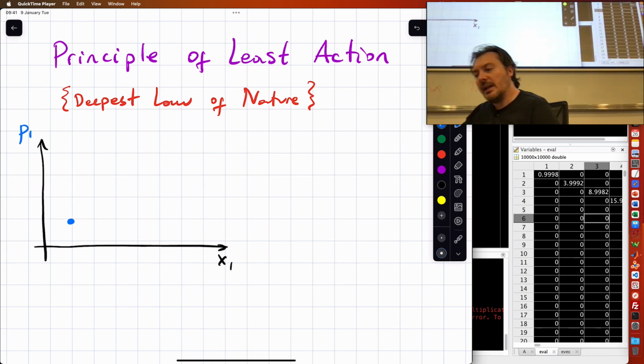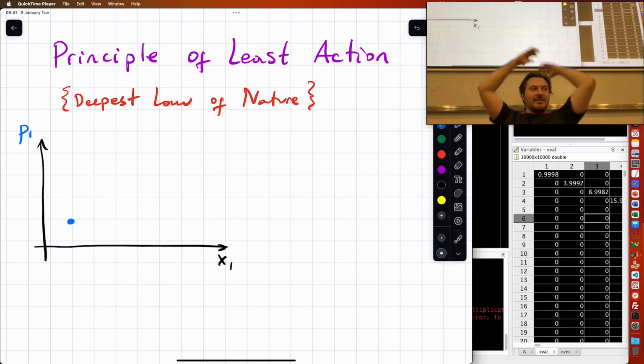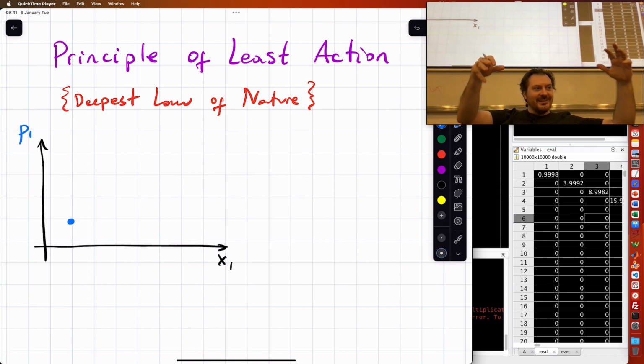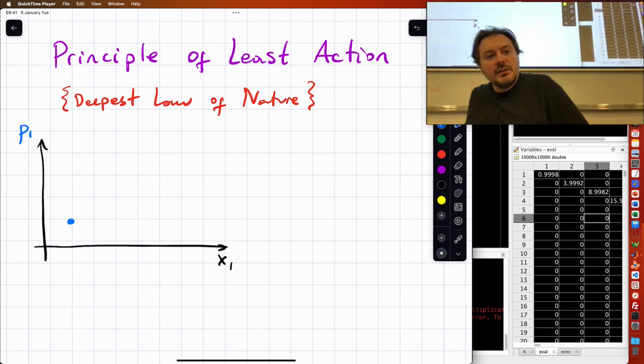If I know x1 and p1 in Newtonian physics, this is very important. Now you listen, okay? Please. So if I know position and velocity in Newtonian physics, how does Newtonian physics approach it?